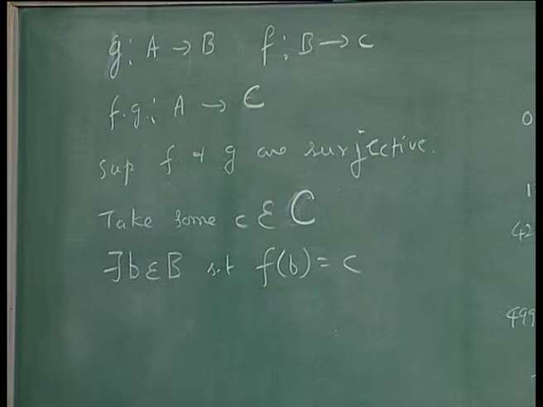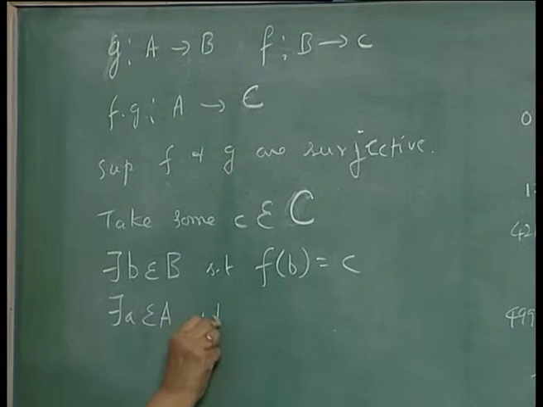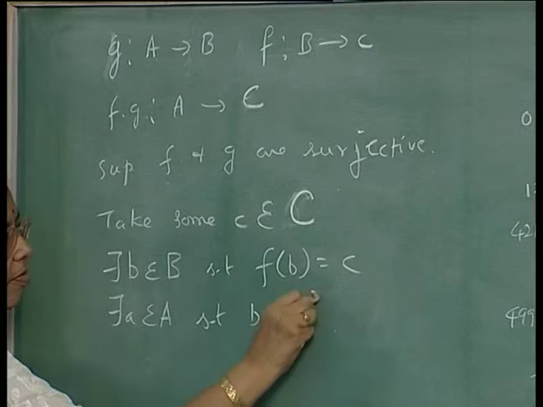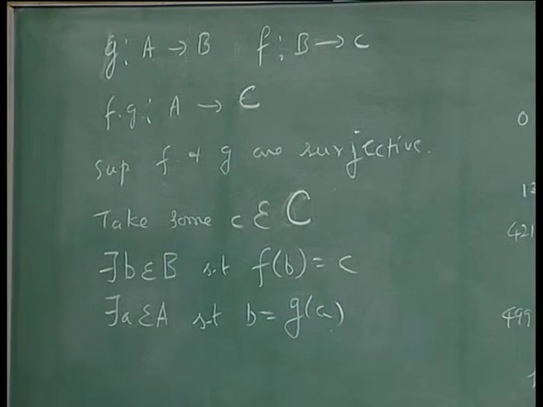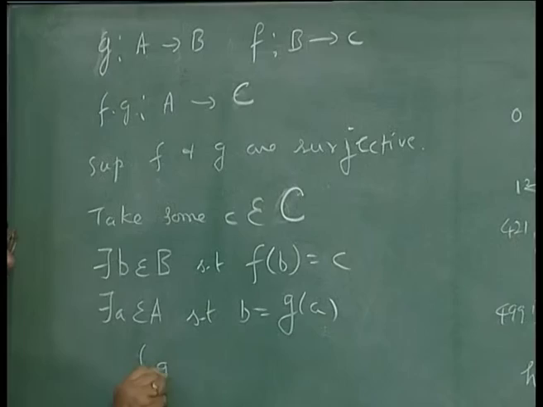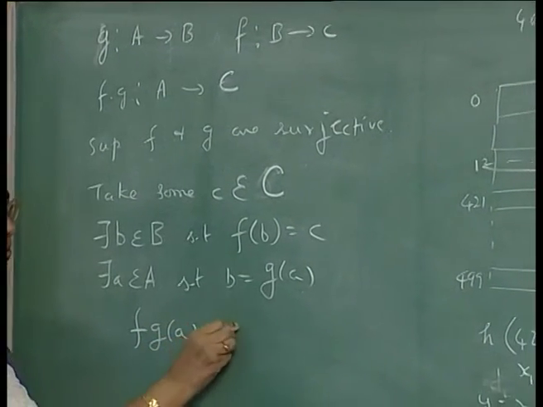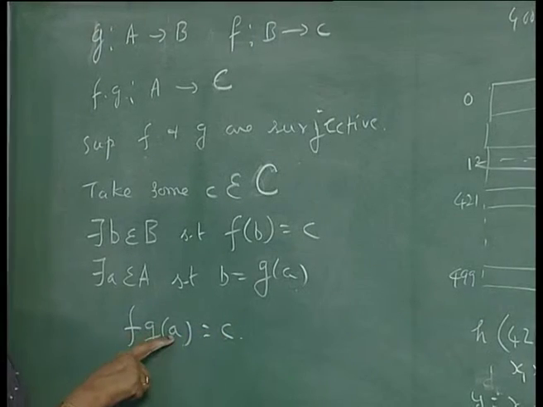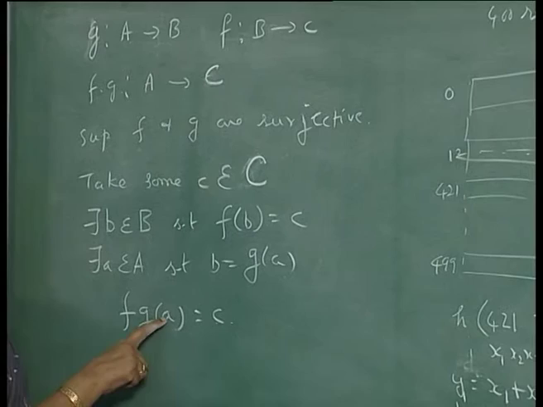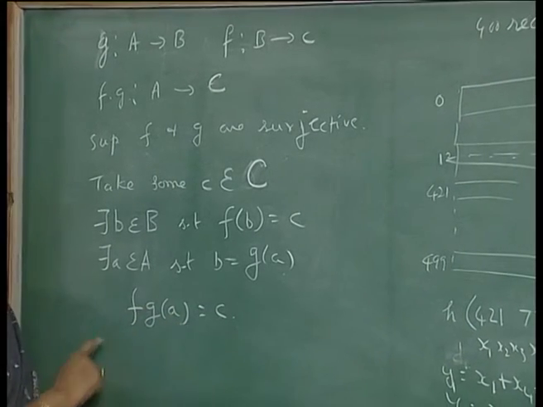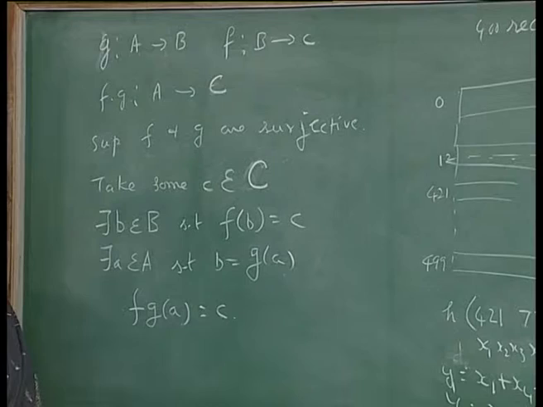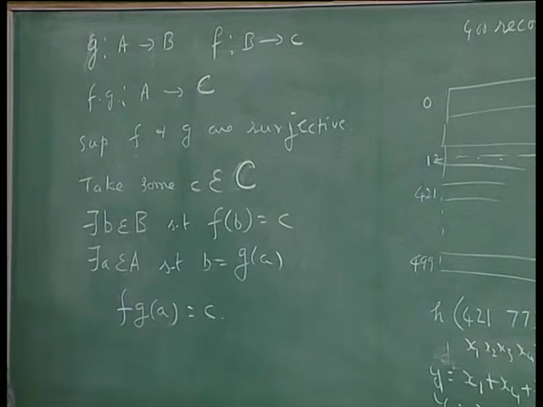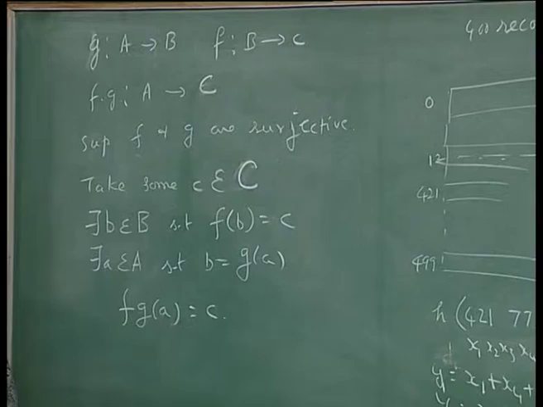And because g is surjective, there exists an A belonging to A such that B is equal to g of A. So, what can you say? f g of A is equal to C. So, if you take an element C from the set C, there is an element A from the set A such that f g of A is equal to C, that is, f g is a surjective function. So, if f and g are surjective, then f g is a surjective function.